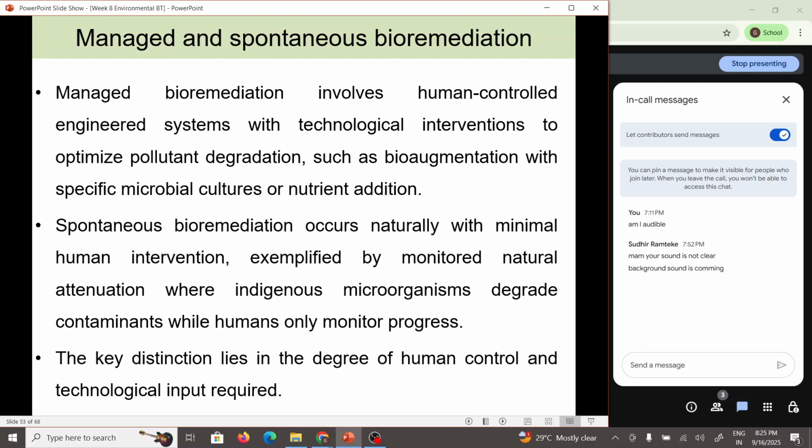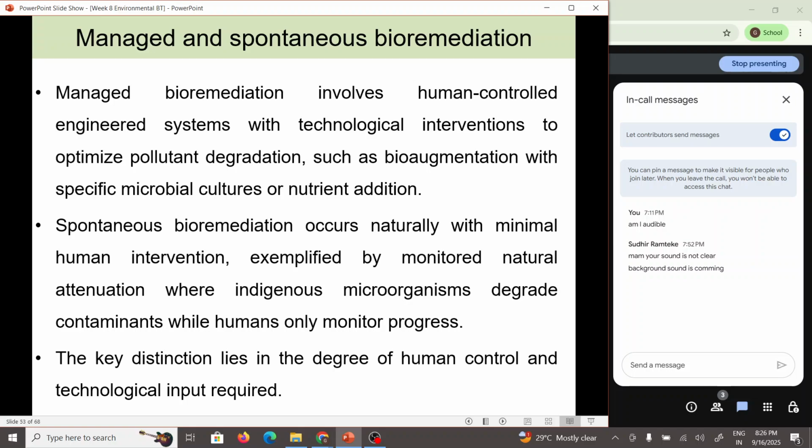Whereas in the case of managed bioremediation, humans have identified there is potential for bioremediation using a particular inoculum in a particular contaminated site. We have also worked further in engineering the entire system, like how much contaminant, if present initially, will give us maximum degradation efficiency, and how much inoculum we should use to get maximum degradation efficiency.